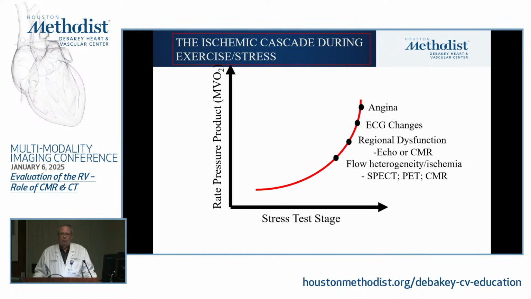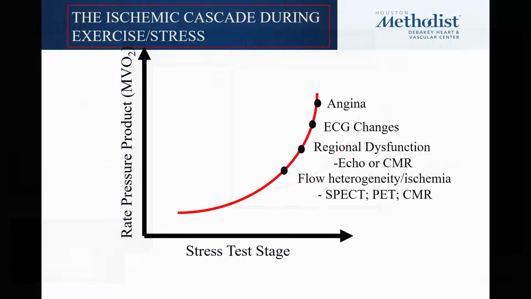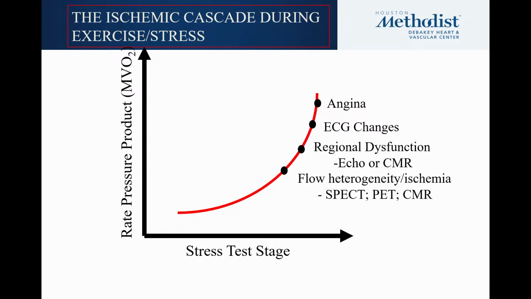You all have seen this slide many, many times, probably starting when you were in medical school, the famous ischemic cascade. When ischemia occurs, there is a deficiency of blood flow to a certain region of the heart. Therefore, any imaging technology that can detect that should be very sensitive.